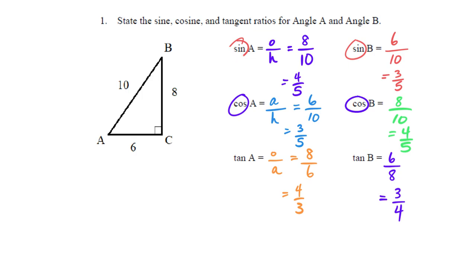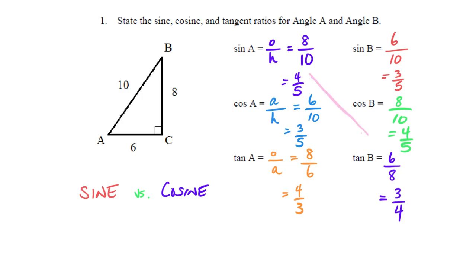However, it is really important for us to remember the actual names. Remember, it's sine, and I'll just put versus, not that they're battling each other, versus cosine, right? We can see that in there, sine in there. Okay, why is that important? Well, if you can take a quick look on our ratios, so what we calculated, you will notice that the sine from one angle equals the cosine from the other.